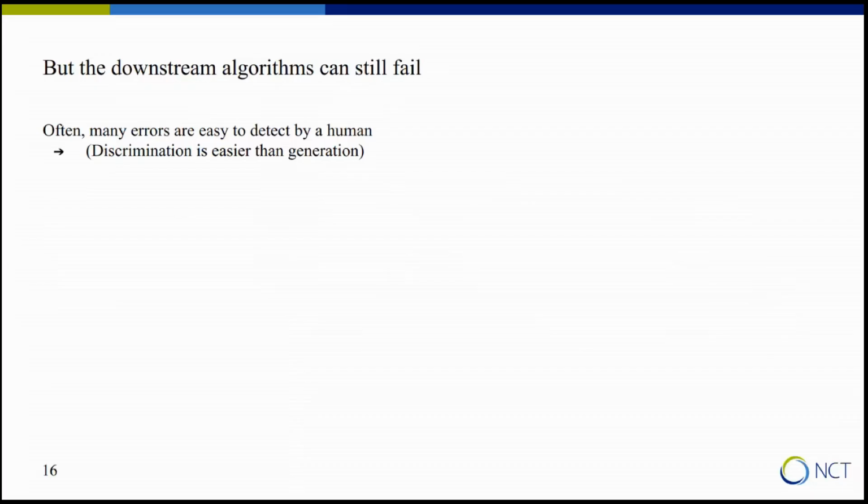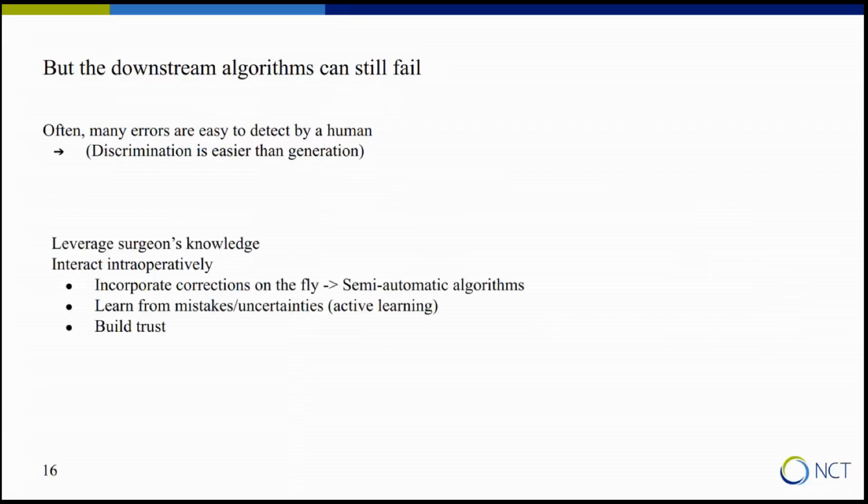And I guess it's generally true that, not trying to be political here, discrimination is usually easier than creation or generating something. So what we want to do is leverage the surgeon's knowledge and find ways to incorporate that into the system, either through continuous learning or active learning, or by using the information that the surgeon provides directly on the fly.